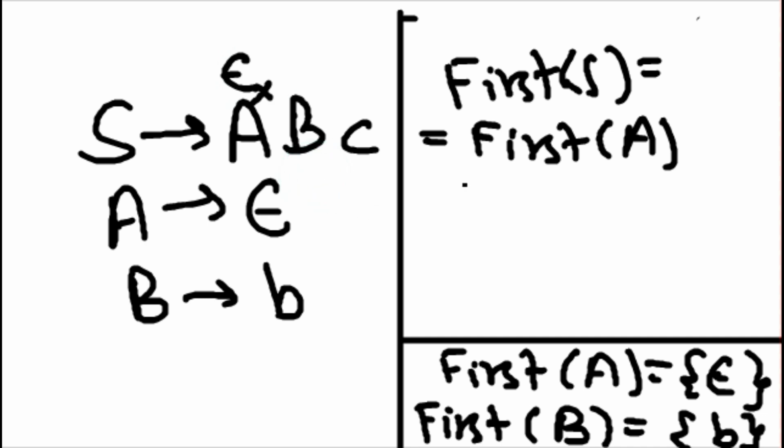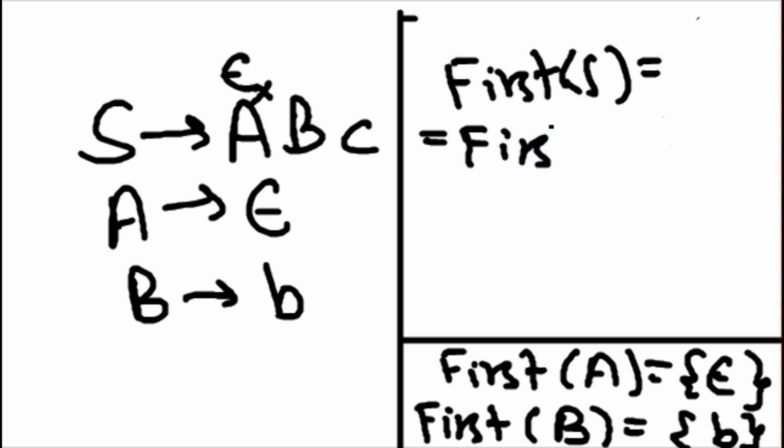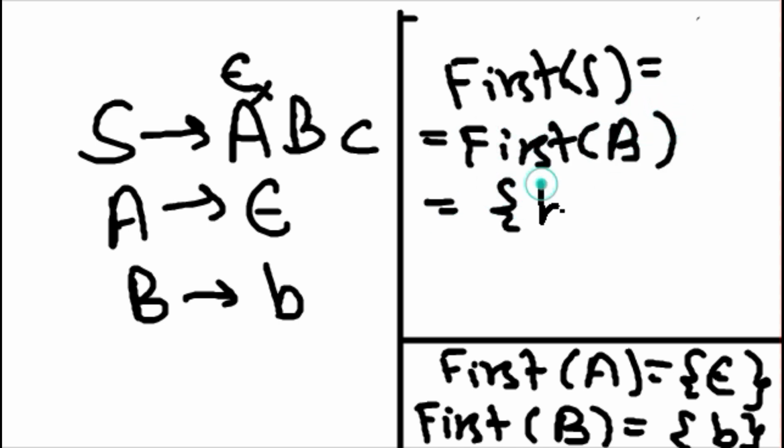Next one is capital B, so first of S in this case is equal to first of B, which is equal to this small b. That is how you have to solve it. You have to check if the first of the given non-terminal symbol is an epsilon or not. If it is an epsilon, then you have to move to the next symbol.